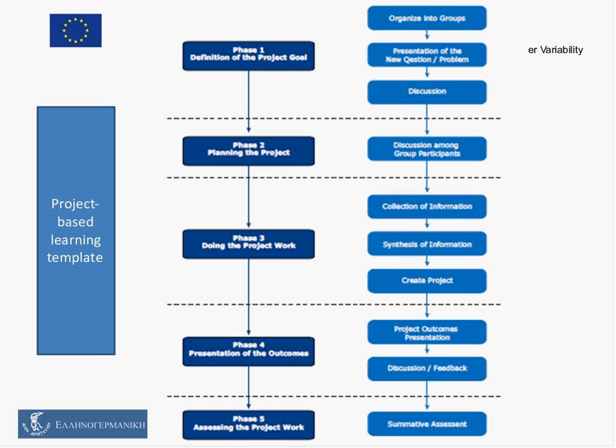For example, when you organize students into teams, into groups, or when you present new questions to trigger their interest, you might associate a specific video that you find available or something that you create by yourself. Second activity, the presentation of the new question.